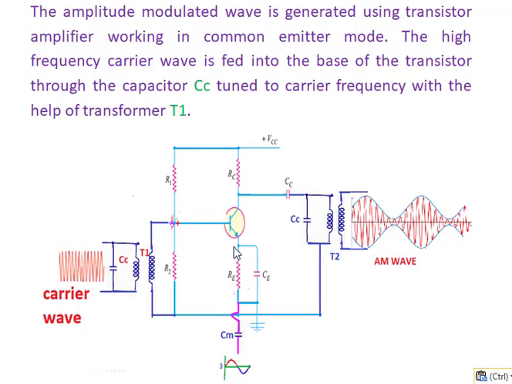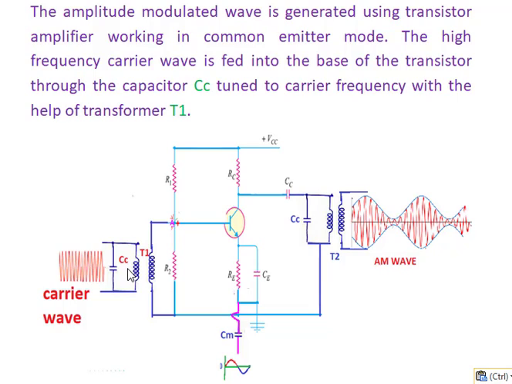In addition to this, the carrier wave is given at the base through the transformer T1. The high frequency carrier wave is fed to the base of the transistor through this tank circuit.